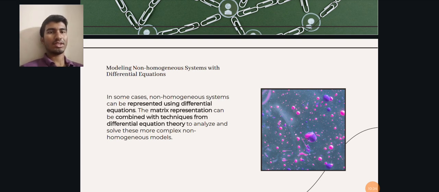In some cases, non-homogeneous equations can be represented using differential equations.